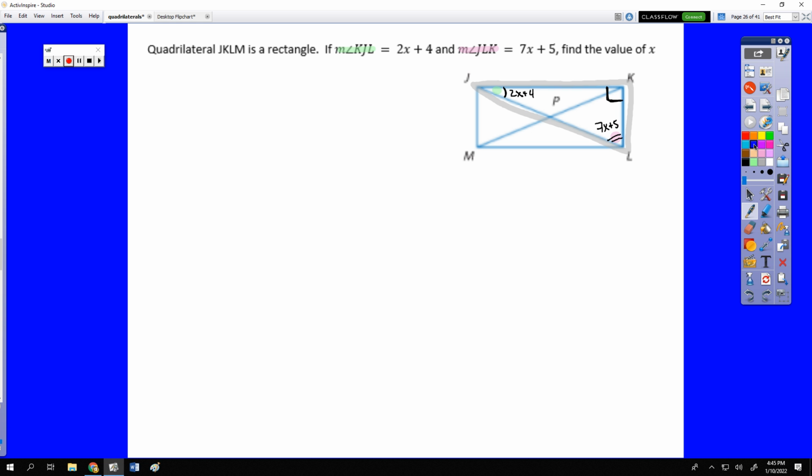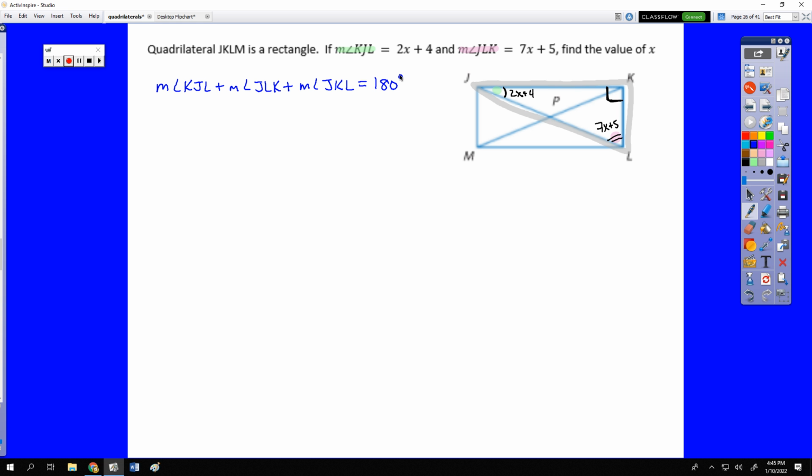And we have to be able to state that the measure of angle KJL plus the measure of angle JLK plus the 90-degree angle, which is the measure of angle JKL, those three angles together form a triangle, and all triangles add up to 180 degrees.